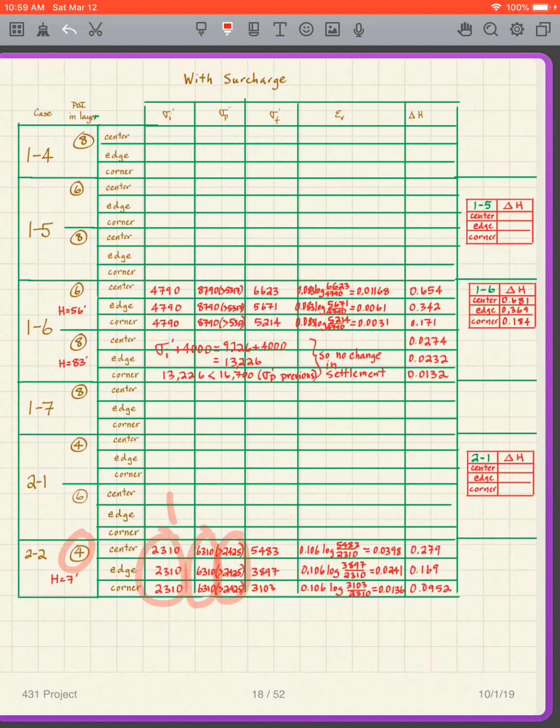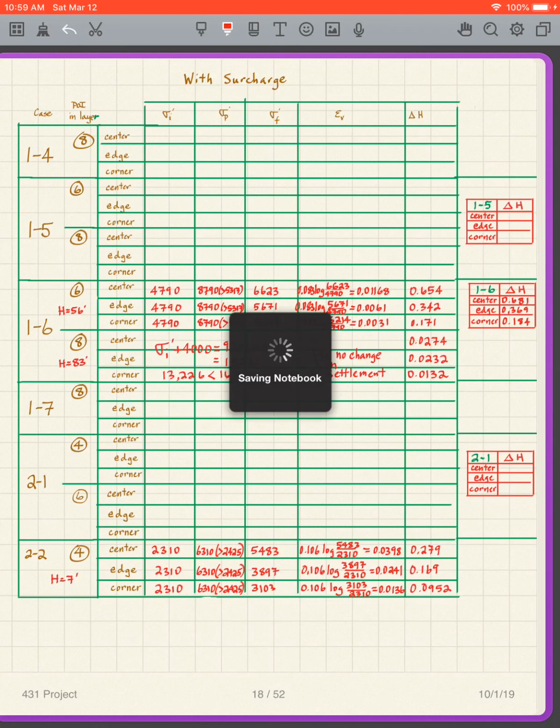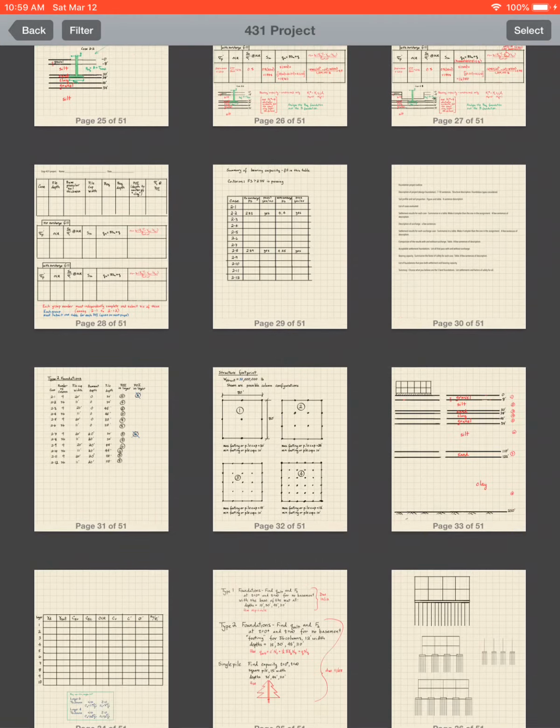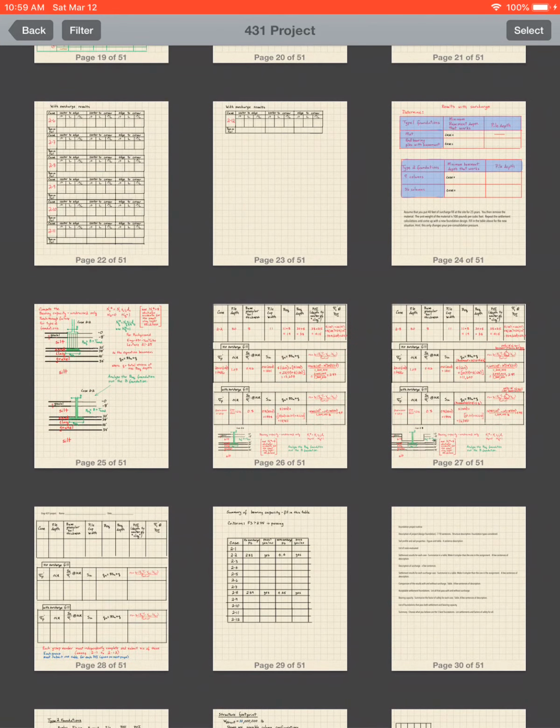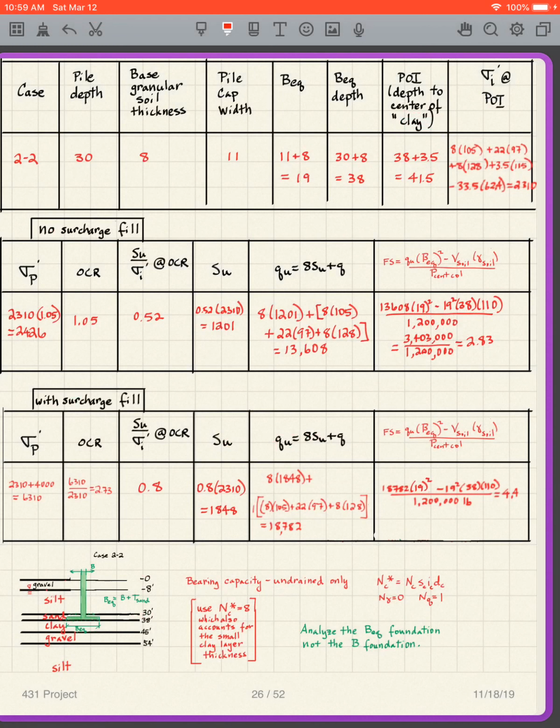So in this case, for that layer with the surcharge, sigma prime p is 6310. Our OCR then is the 6310 over the 2310, which is 2.73.